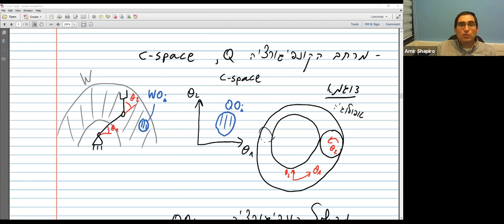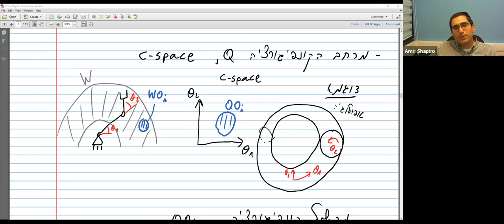Now I can look at the configuration space. The configuration space coordinates are the configuration parameters of the robot, here theta1 and theta2. These are the degrees of freedom of the robot. Each point here is a certain position of the arm.